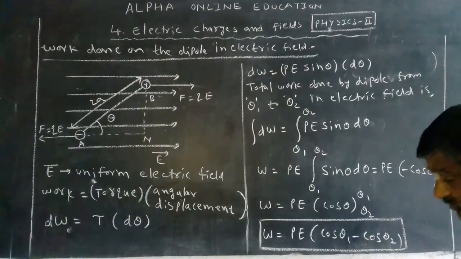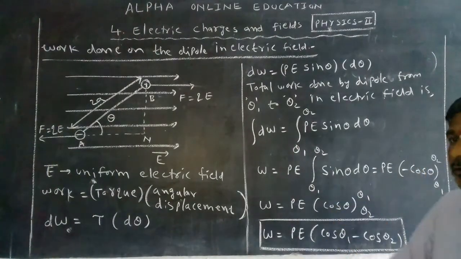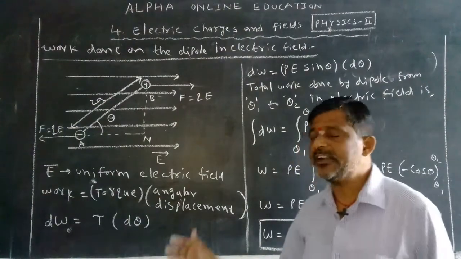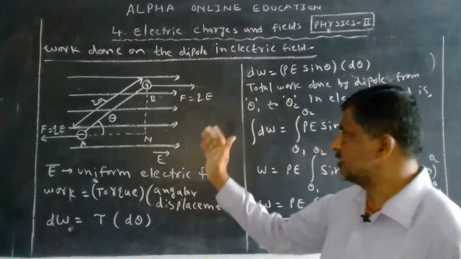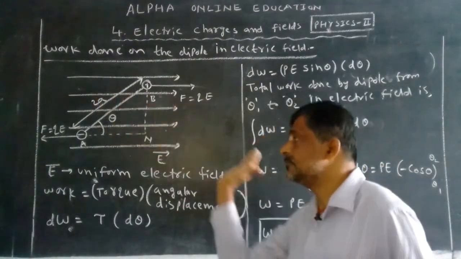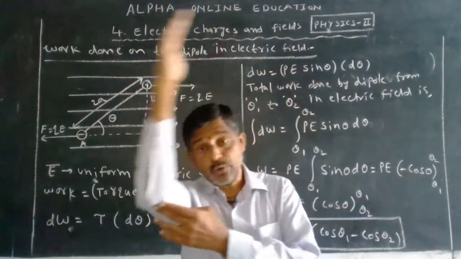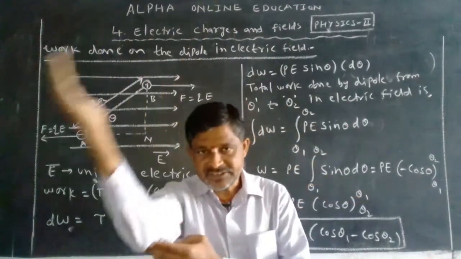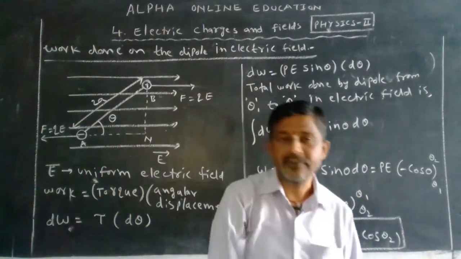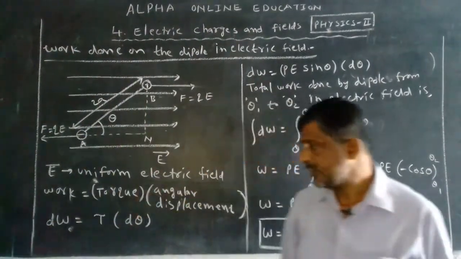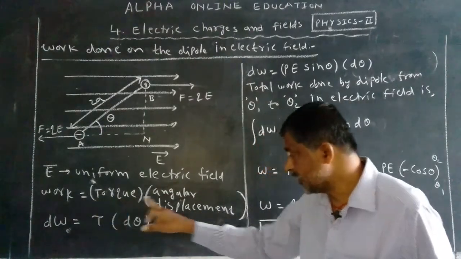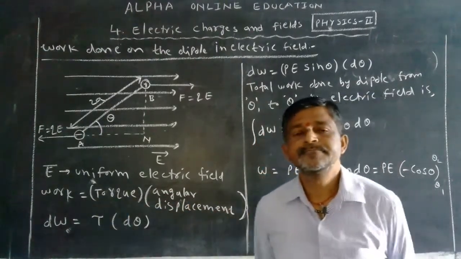But here the object makes a deflection. Deflection means like this. So in rotatory motion or deflection, how can we write the work? The work is taken as torque into angular displacement.